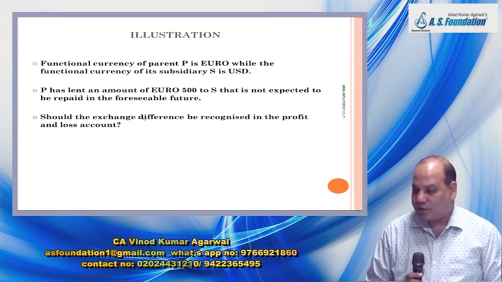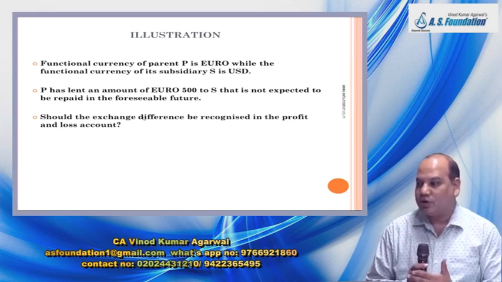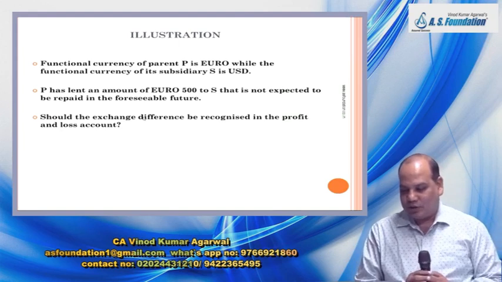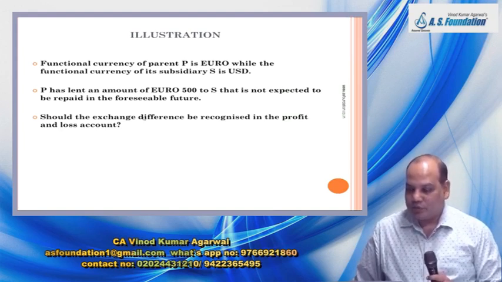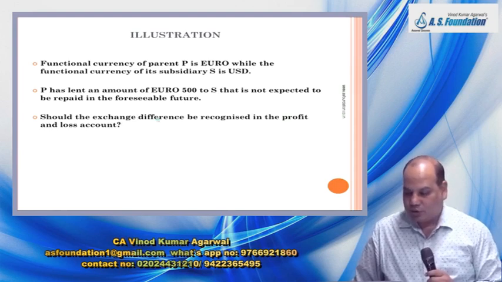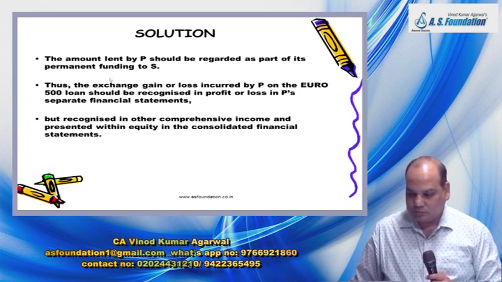Should the exchange difference be recognized in profit and loss account? So the answer is in separate financial statement, yes. And in consolidated financial statement, it will be shown in OCI. So the answer is printed there.